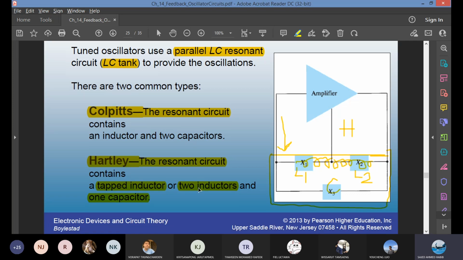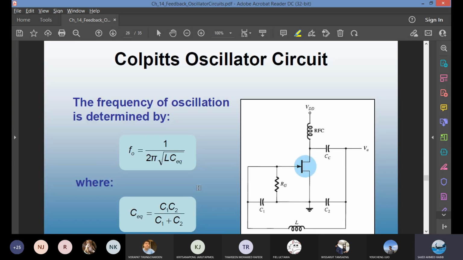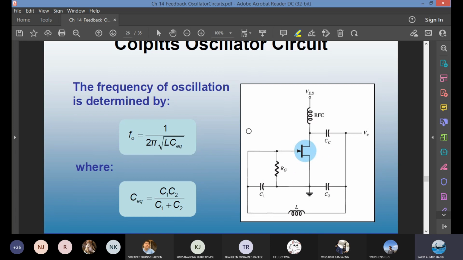Let's look at the Colpitts oscillator circuit. This is not a building block anymore. This is a real, practical example. So you have an amplifier right here, a JFET. And then this is the radio frequency coil. This one is not the LC tank.